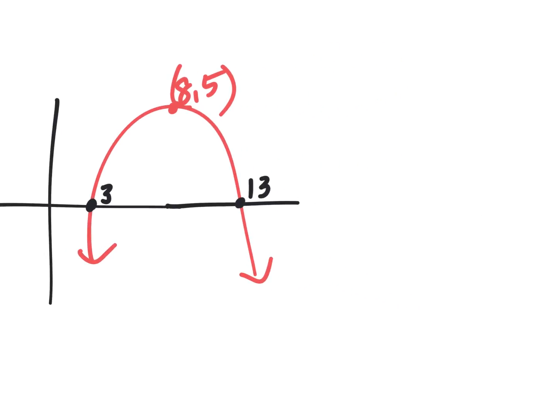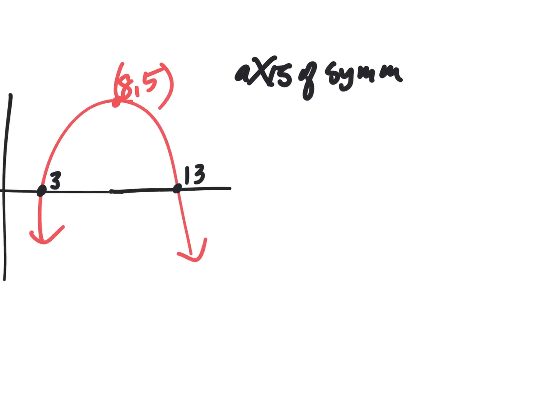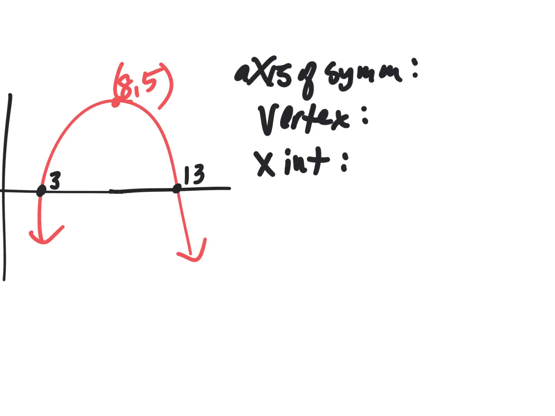You should be able to tell me the axis of symmetry, the vertex, and the x-intercepts. Then you should be able to give me 3 forms.